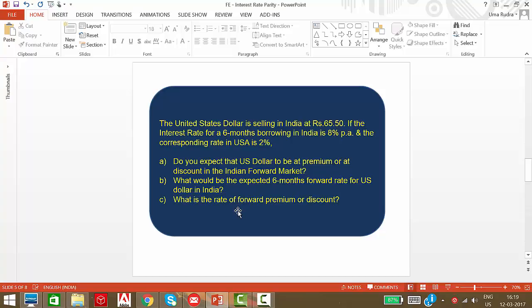Once again, US dollar selling in India at rupees 65.50 and 6-month borrowing in India, so interest rate is high in India, 8% per annum, and corresponding borrowing rate in United States is 2%. So interest rate is lower in USA.